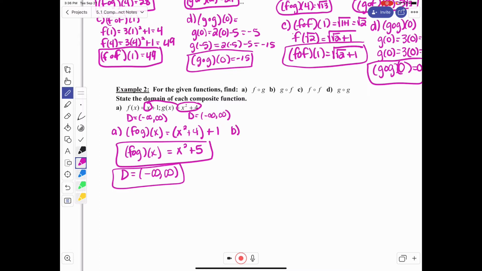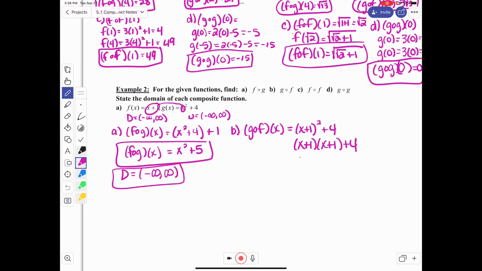So for B, I'm doing g of f of x, which means I'm doing the reverse here. I'm taking x plus 1 and I'm plugging it in here. So I'm taking x plus 1 squared plus 4, which means I need to FOIL this out.